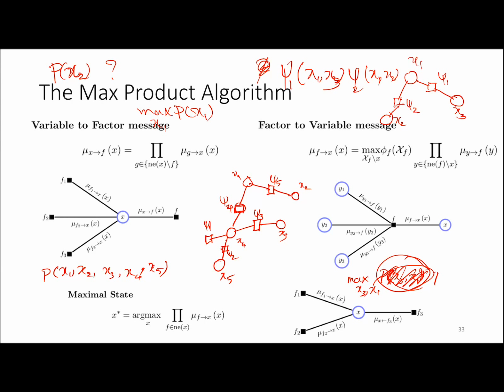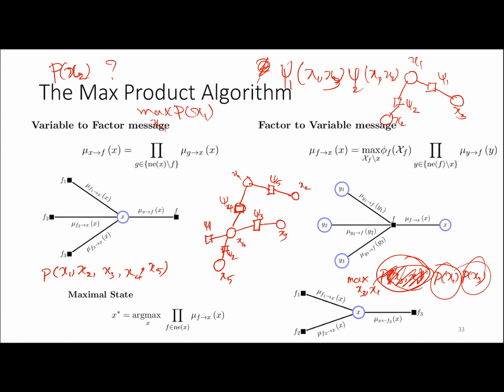Let's say I'm interested in p(x1) multiplied by p(x3), the marginal of x1 multiplied by the marginal of x3. And this is a function of x1 and x3. I want to compute it. So first, I should be able to compute this and this, and then maximize.